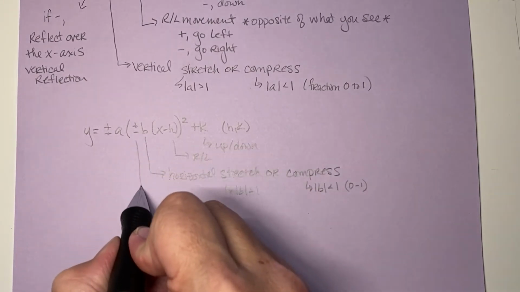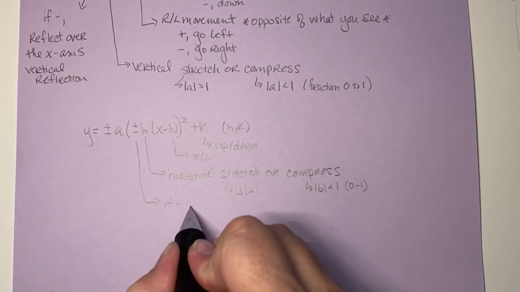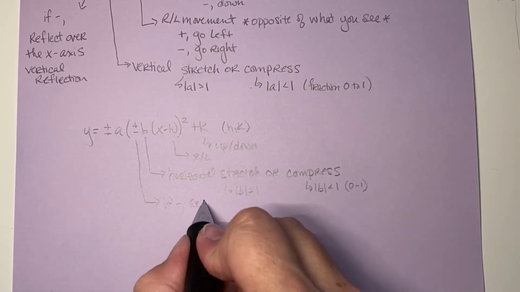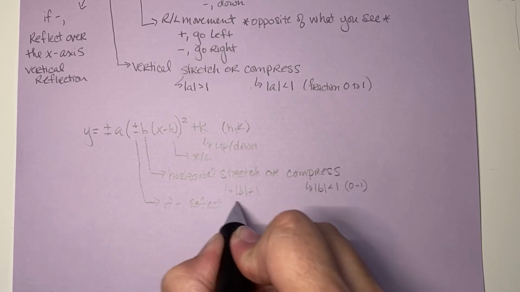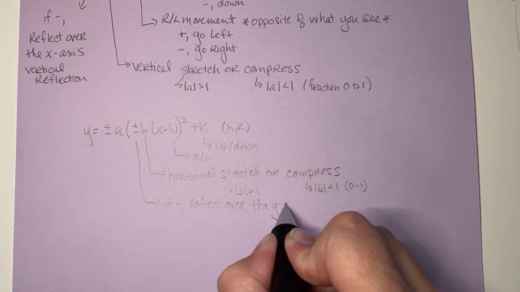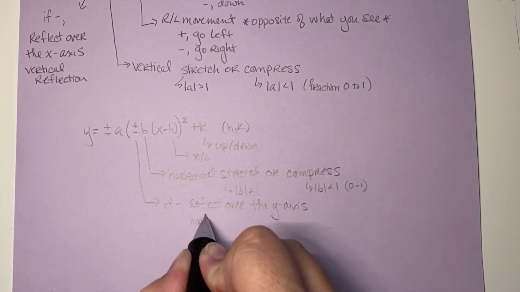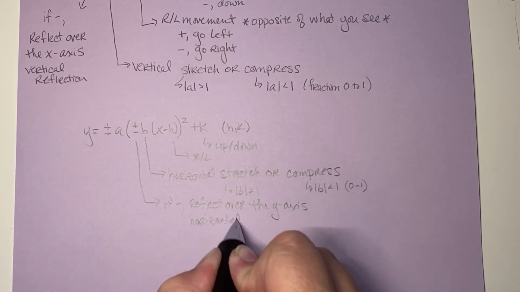Now, if this b is negative, it will reflect over the y-axis, meaning it's a horizontal reflection.